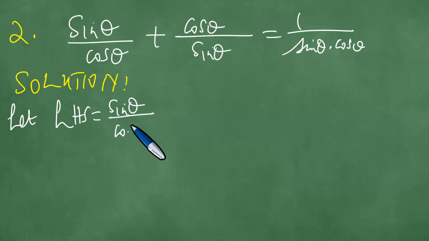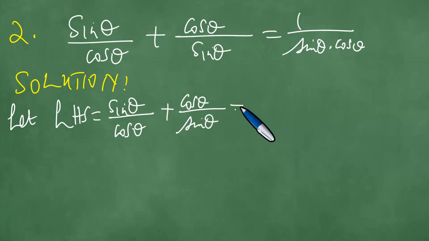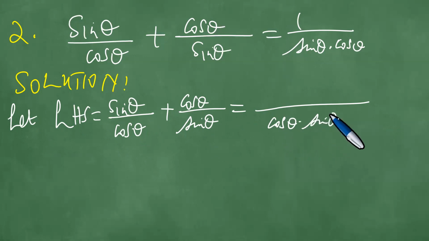Which is sine theta over cosine theta plus cosine theta over sine theta. Here you take the LCD, the lowest common denominator, you multiply the two: cosine theta times sine theta. Divide by cosine theta, so you have sine theta times sine theta, which is sine squared theta. Divide by sine theta, so that you have cosine theta times cosine theta, which is cosine squared.